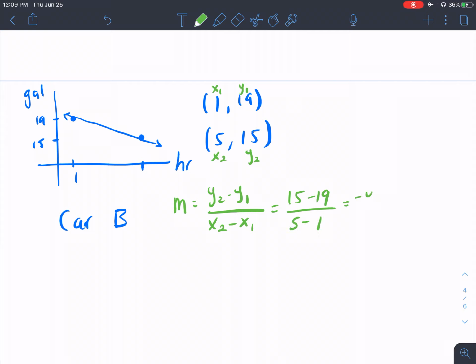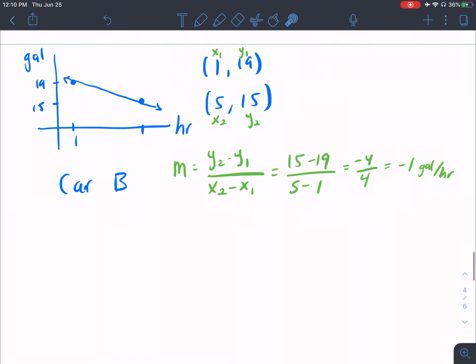That's negative 4 over 4, so that's negative 1. And it's decreasing, which makes sense because we saw that the amount of gas is decreasing. In terms of units, this is telling us that you're decreasing 1 gallon per every hour, or decreasing 4 gallons for every 4 hours, which is the same rate.